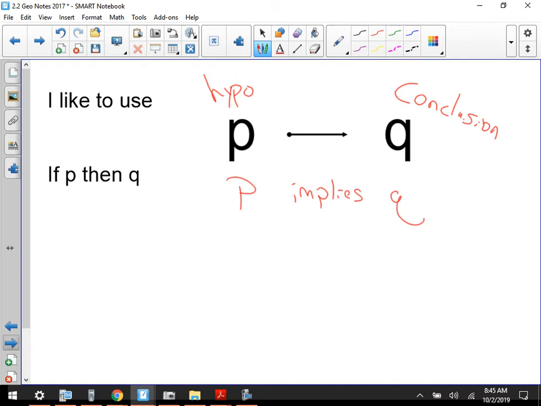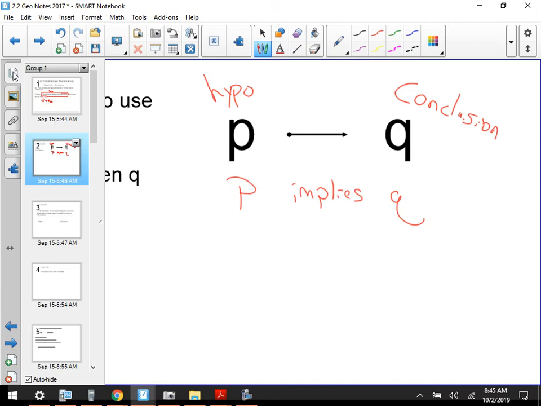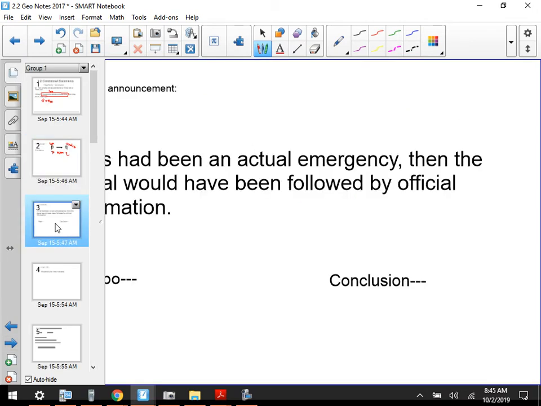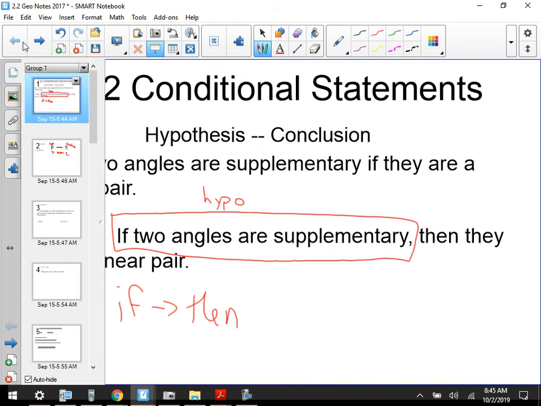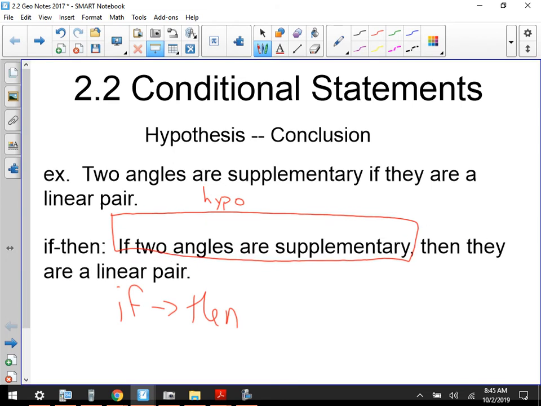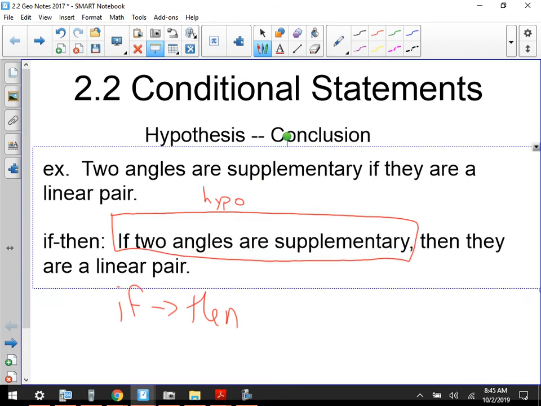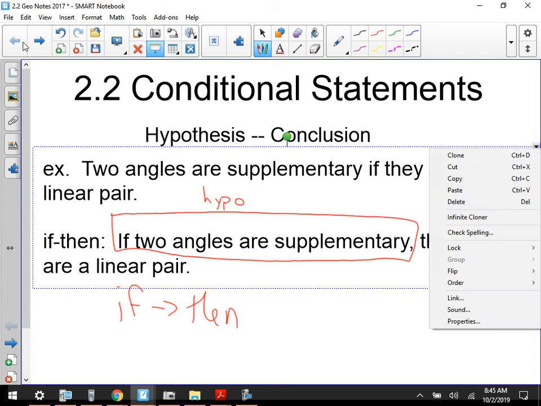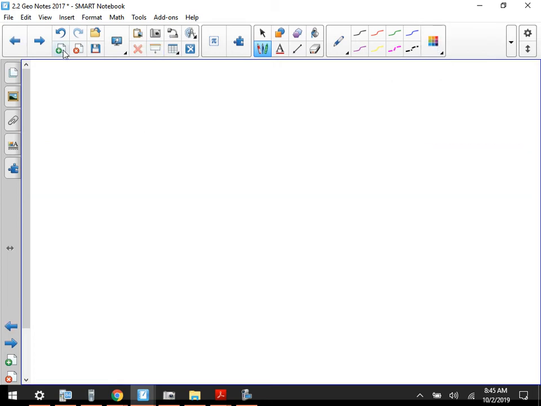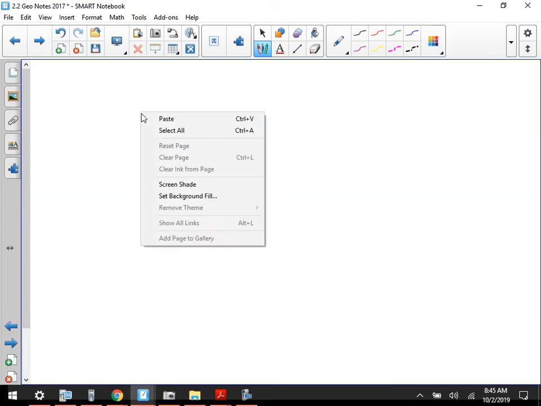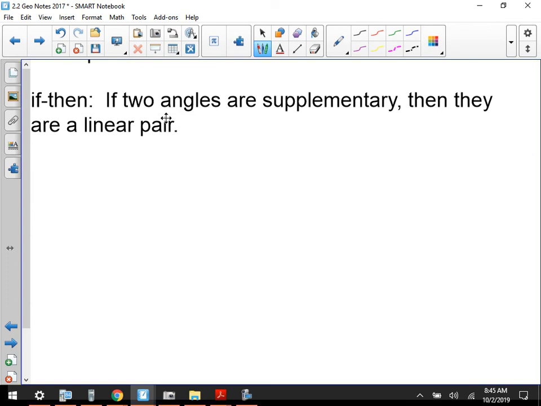If we go back to my next one, which has that same one on it, let me go back to this real quick, guys, and I'll show you what I mean by P and Q. The P portion of this would have been, if two angles are supplementary.